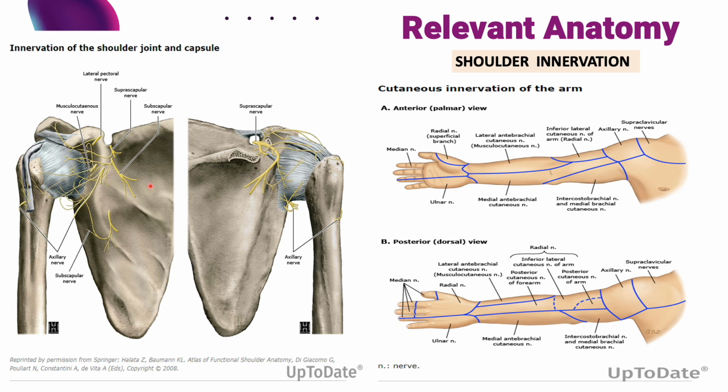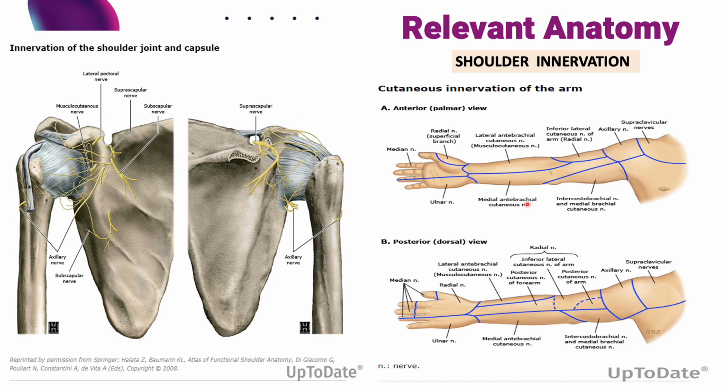The articular branches of the subscapular, the lateral pectoral and the musculocutaneous nerve innervate the anterior joint, whereas the branches of the suprascapular nerve innervate the posterior joint, and the branches of the axillary nerve give innervation to the inferior aspect of the joint.